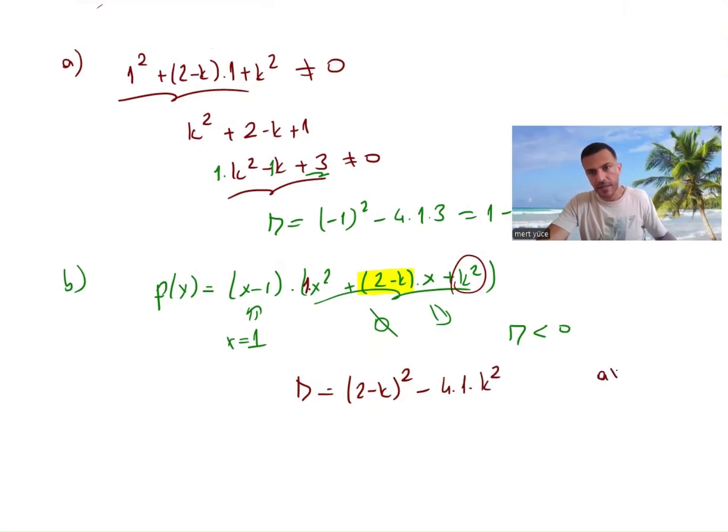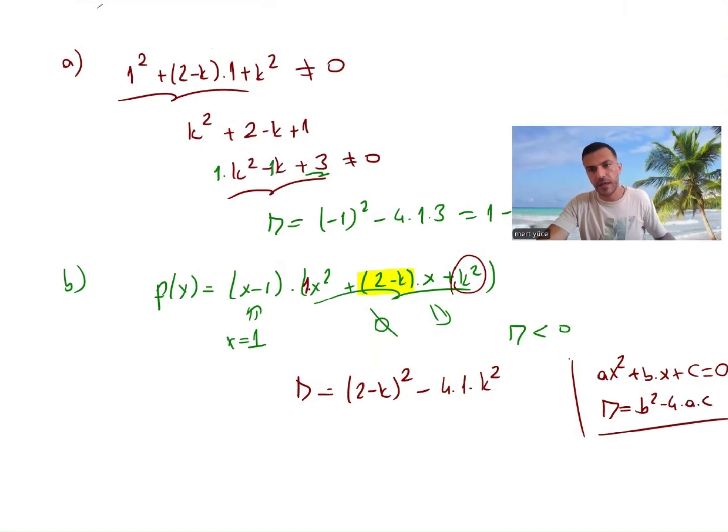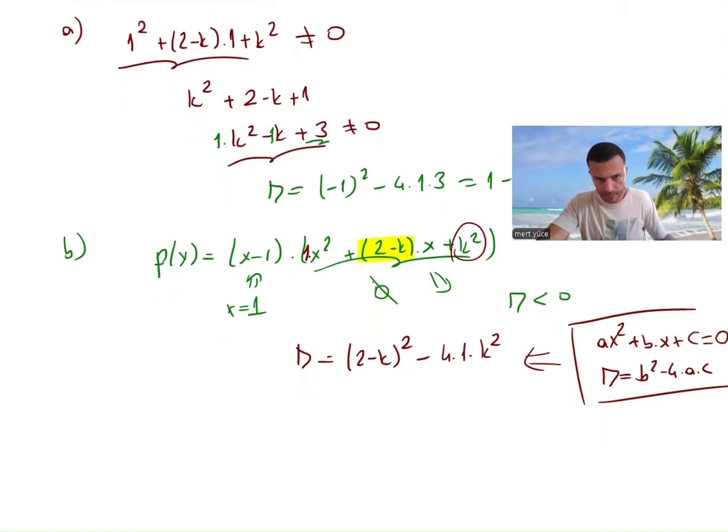We know that if the expression is like a times x squared plus b times x plus c, the discriminant should be b squared minus 4 times a times c. And that's why I apply the formula here like this.